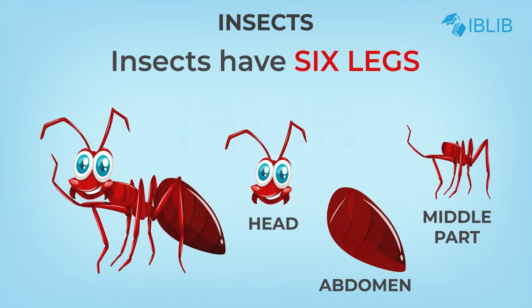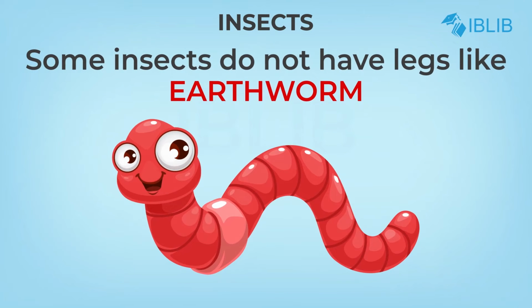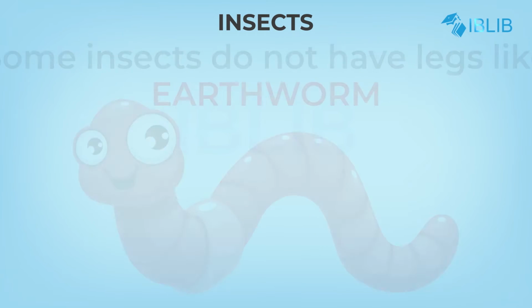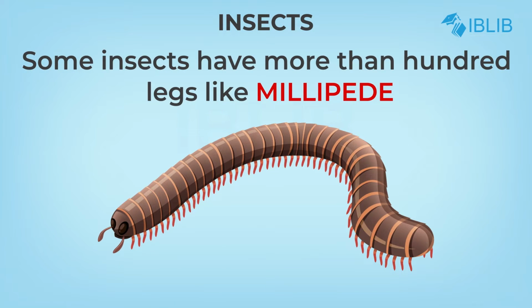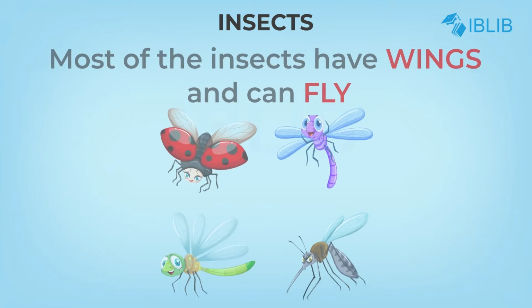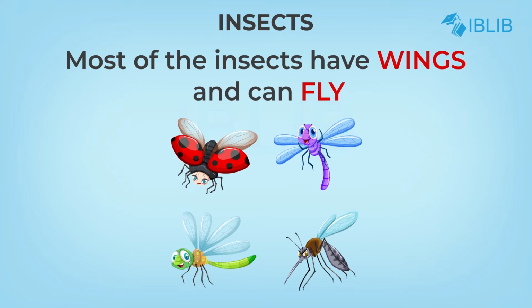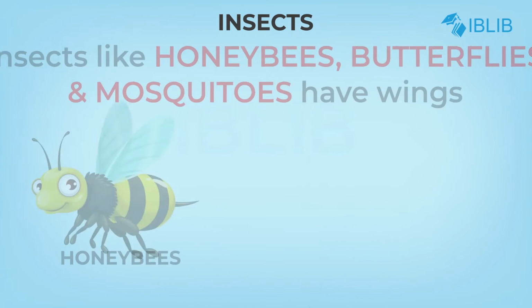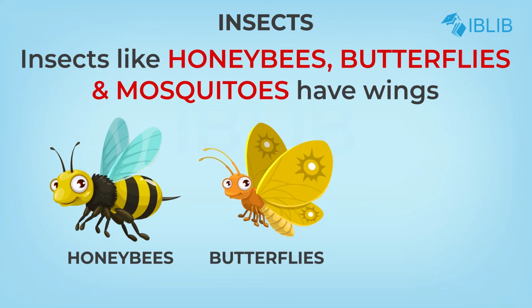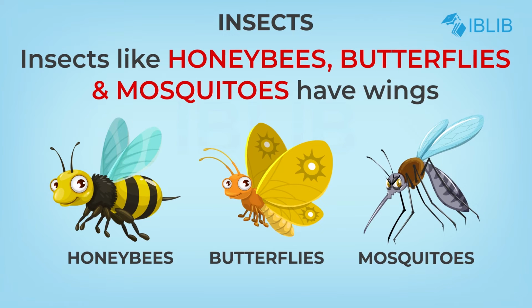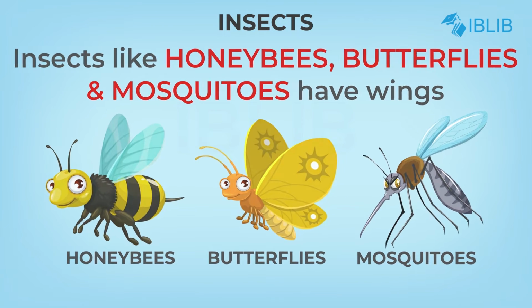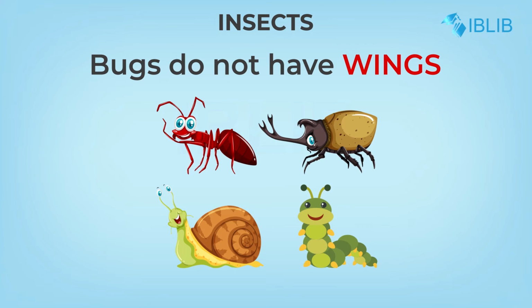Insects have 6 legs. Some insects do not have legs like earthworm, while some insects have more than 100 legs like millipede. Most of the insects have wings and can fly. Insects like honeybee, butterfly, mosquito have wings, while bugs do not have wings.